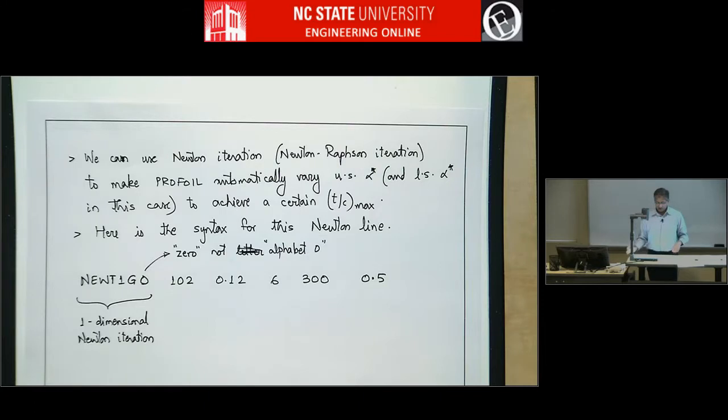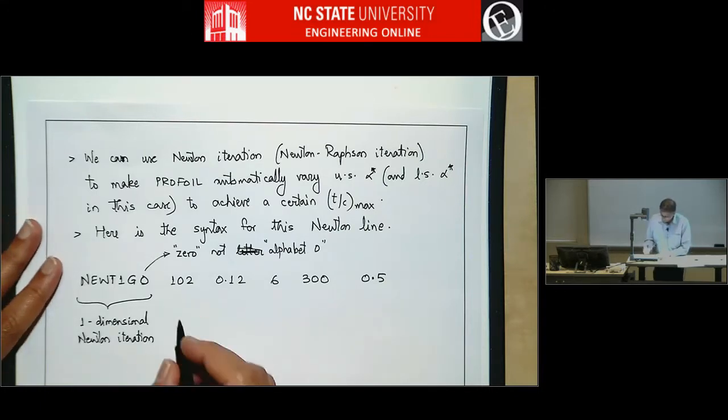There are multi-dimensional Newton iterations, and I don't think we'll ever get into it in this course. This is much more advanced stuff which takes a lot of experience with Profile before it is even useful. You can do many things with what we do in the course. A multi-dimensional one is where you change several knobs at the same time to achieve several different things. So right now, let's not even think about that.